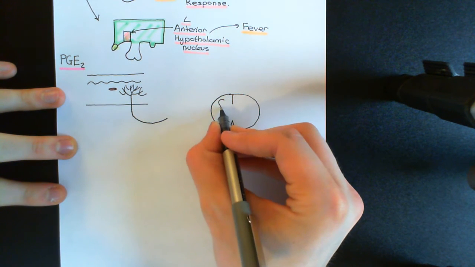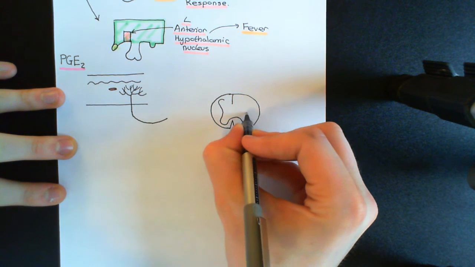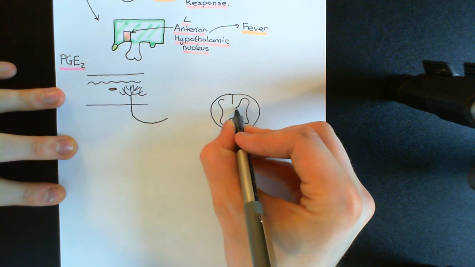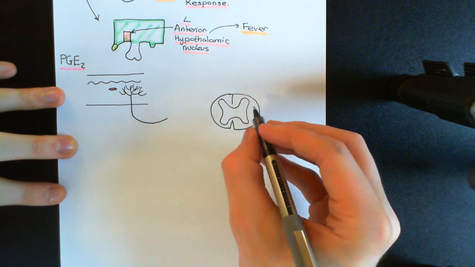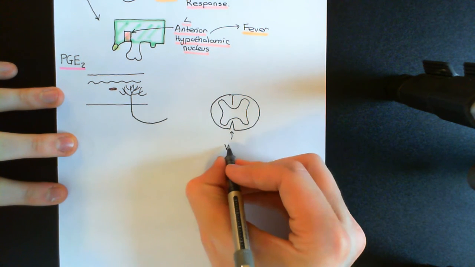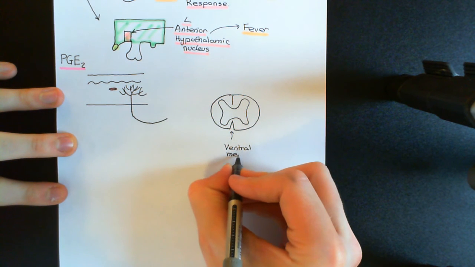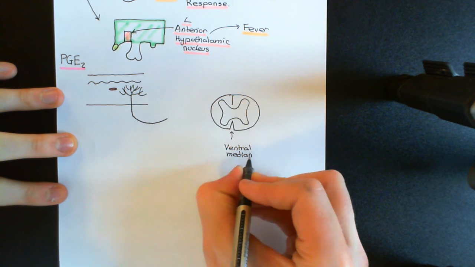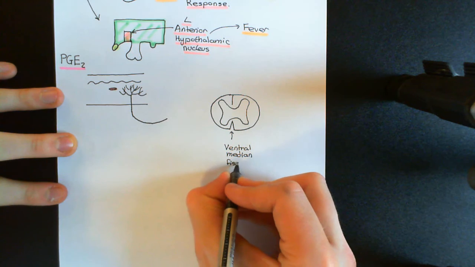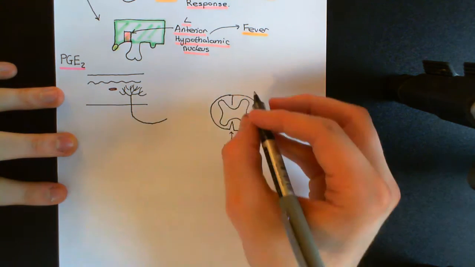And if I just now put on the grey matter, like so, try and get it roughly symmetric. So just to give you a bit of the anatomy of the spinal cord, then this is the ventral median fissure. So we've taken a transverse cross-section of the spinal cord at the level that this neuron is going to be entering the spinal cord.